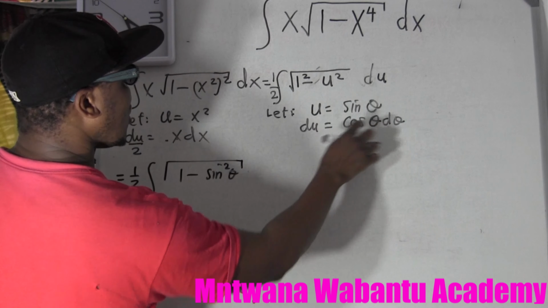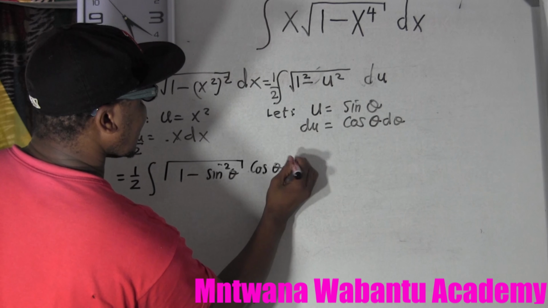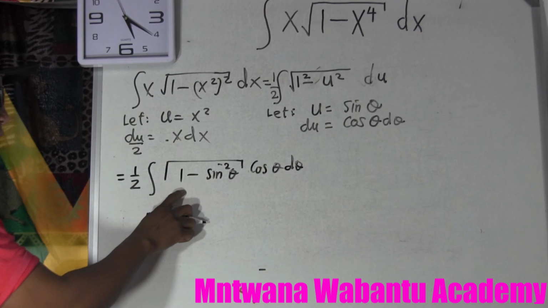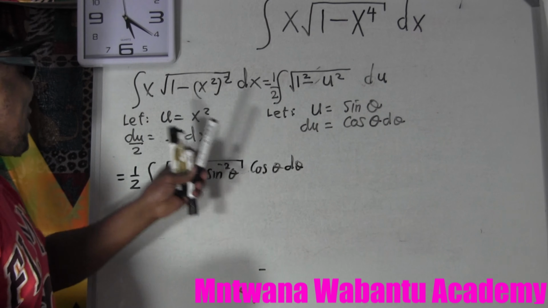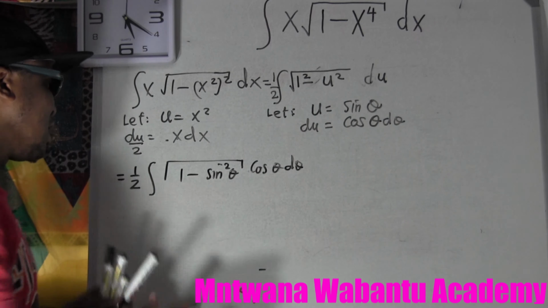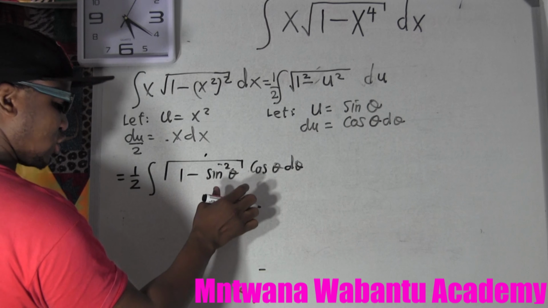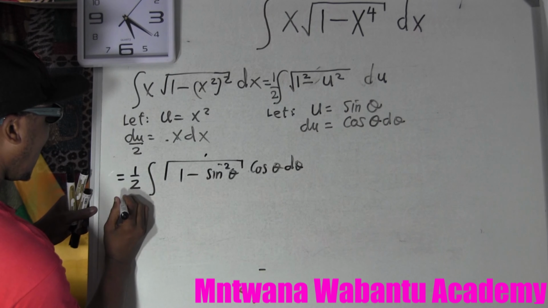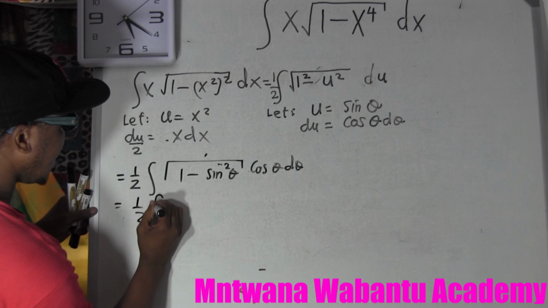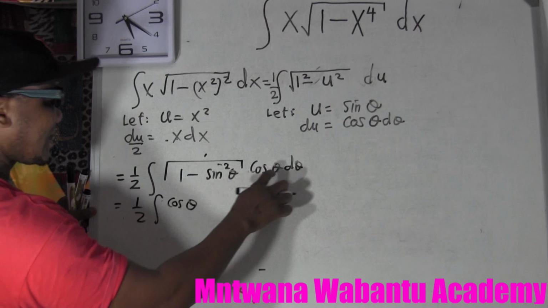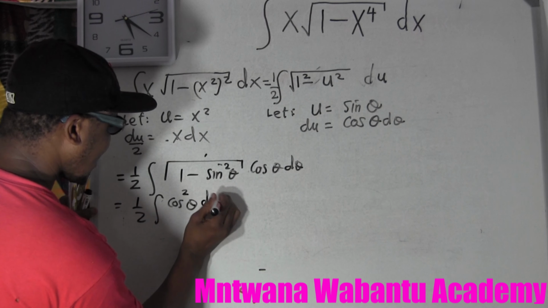What is du? du is equal to cos theta d theta. The square root of 1 minus sine squared theta equals cos theta. So all this stuff here with the root equals cos theta, and I can replace it: 1 over 2 integral of cos theta times cos theta, which means cos squared theta d theta.